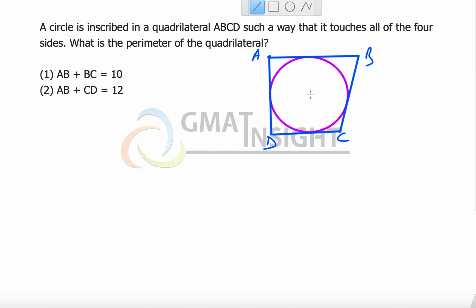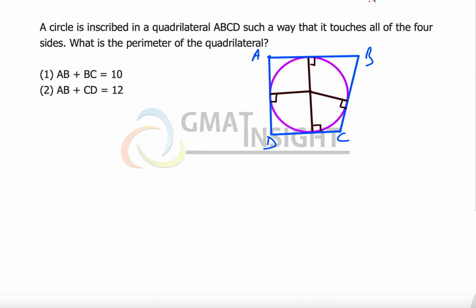That means I'm going to join all the points of tangency with the center, and I'm going to mark all these angles 90 degrees. So this angle is 90, this angle is 90, this angle is 90, as well as this angle is 90. Now the next part is that the two tangents drawn from any particular point will be equal.